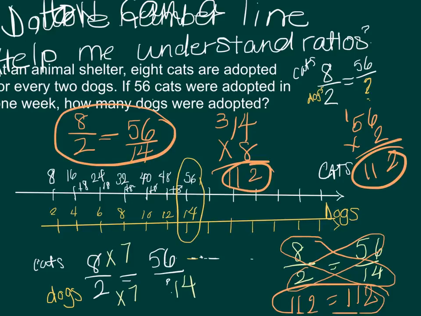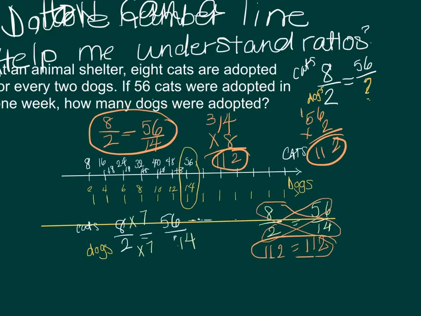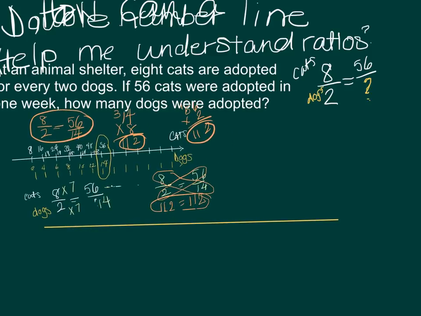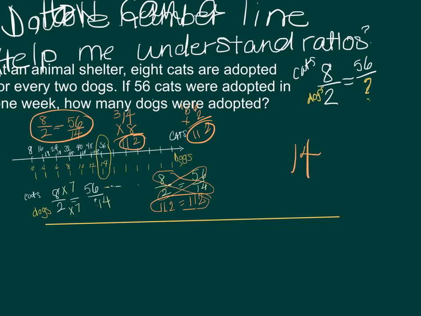So, in an answer to that question, I would say, if 56 cats were adopted, then 14 dogs were adopted that week. 14 dogs. Remember, we're also practicing answering in complete sentences. 14 dogs were adopted that week.